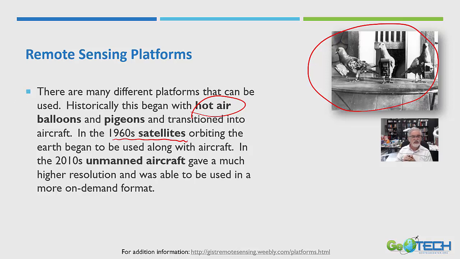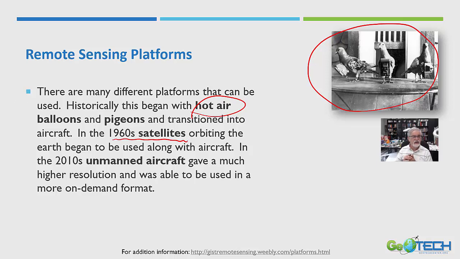As we moved into the 70s and 80s, we start doing solid state detection and no longer doing detection with film. And as we move into the 90s, it becomes almost completely solid state detection of the wavelengths.